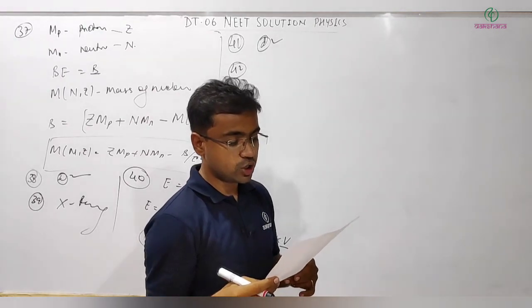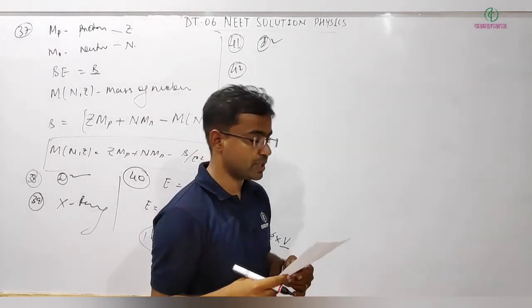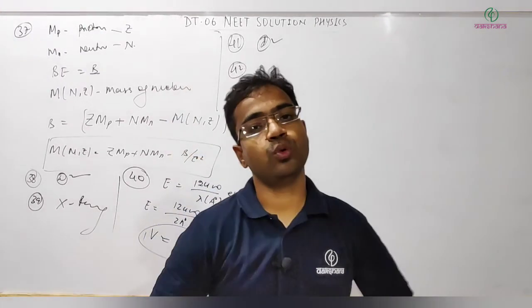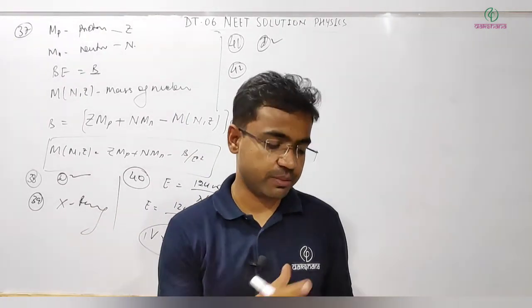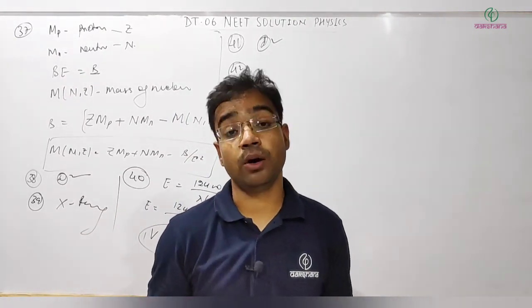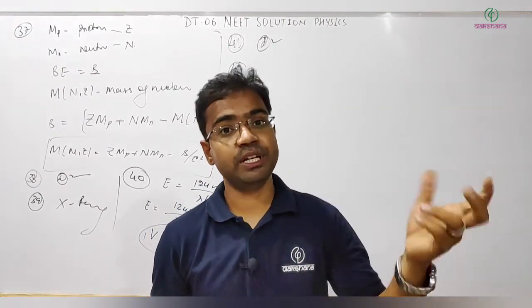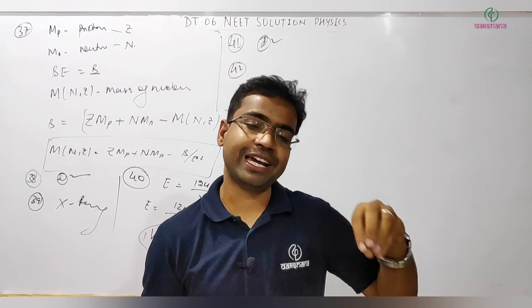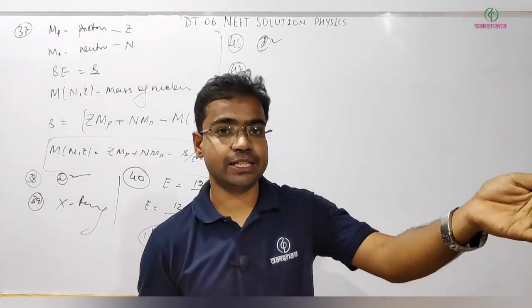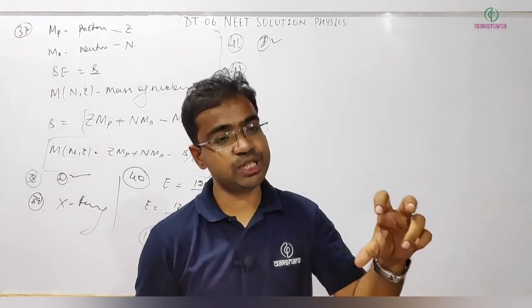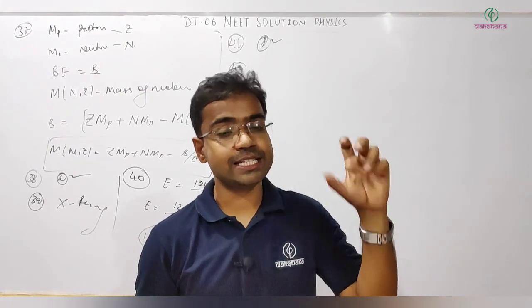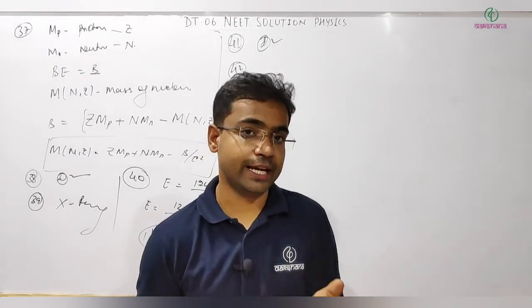Question 42. X-rays are not obtained in the spectrum of hydrogen atom. This comes from the basic understanding of how X-rays are produced. X-ray is emitted when a vacancy is created and an electron jumps from a higher energy state to a lower energy state, and the energy emitted is very high, so it lies in the X-ray region.